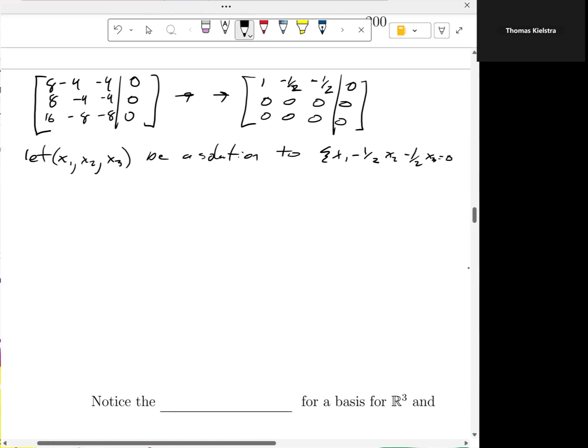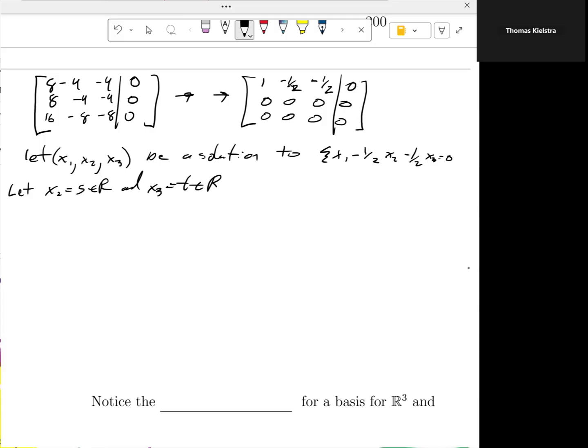With this system of equations, we have two free variables, x2 and x3. So we're going to let x2 equal s, an element of the reals, and x3 equal t, which is an element of the reals. The reason they're elements of the reals is because our field is the real numbers. Then, using our system of equations, we can see that x1 equals 1/2 s plus 1/2 t.